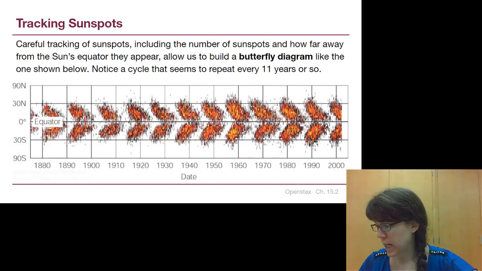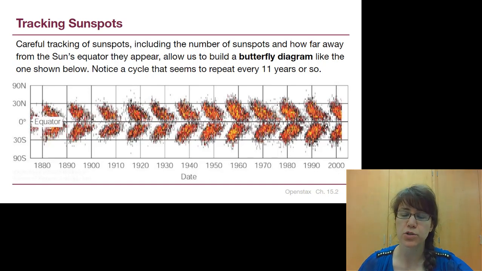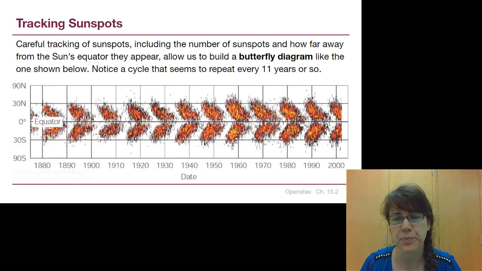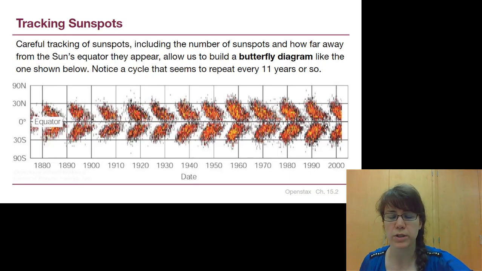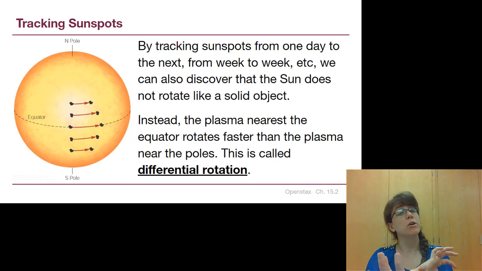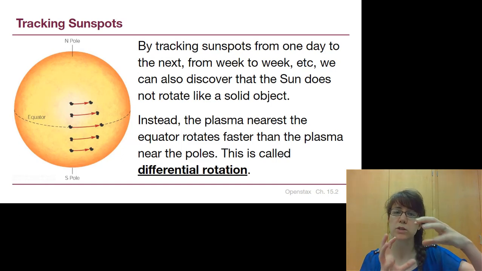If we look at that and try to figure out what could be causing that motion, if we're paying attention to where the sunspots are over time, then what we can actually notice is that the sun does not rotate like a solid object. Every single part of the Earth, in comparison, rotates every 24 hours because it's one solid object that is rotating.